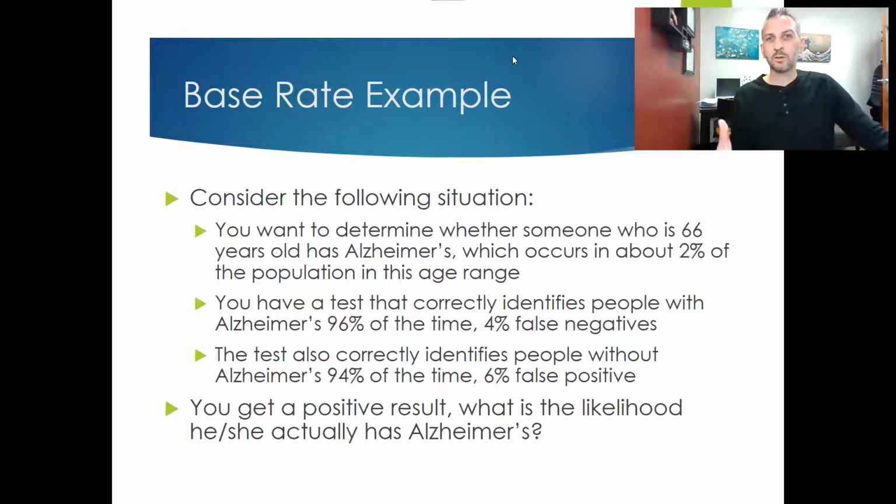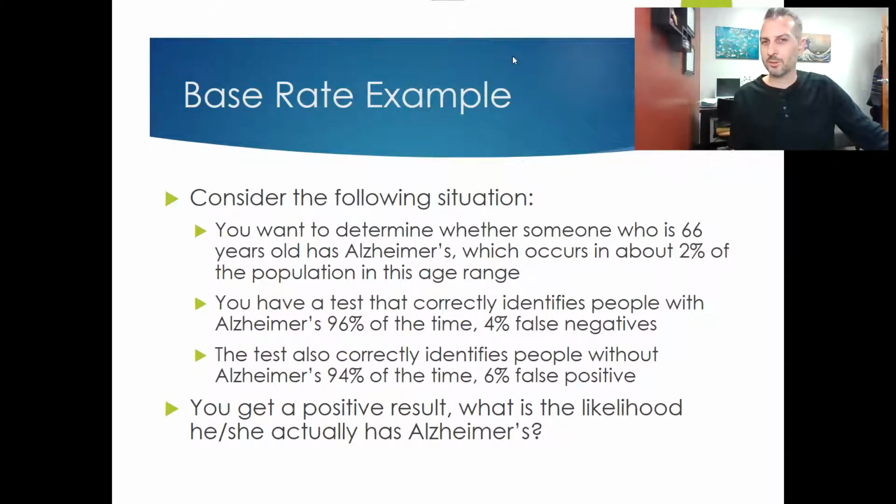So consider the following situation. You want to determine whether someone who is 66 years old has Alzheimer's. Imagine that at 66 years old, 2% of the population has Alzheimer's. Imagine you want to test everyone at age 66, sort of like a colonoscopy.